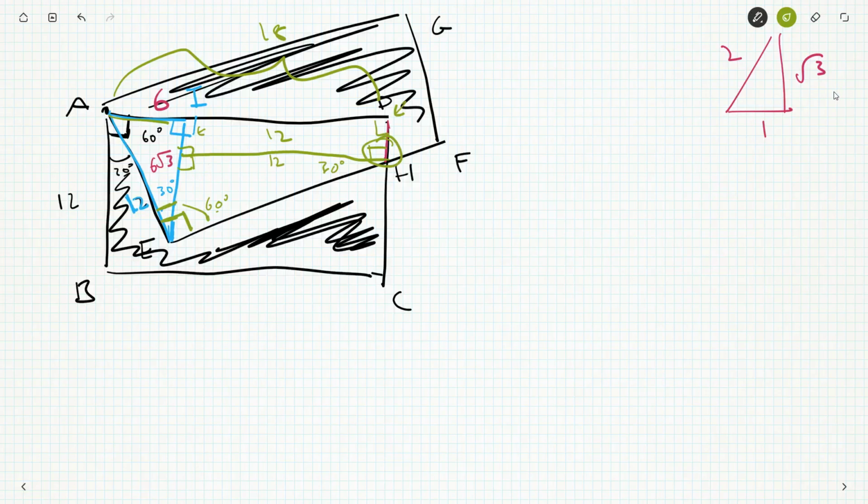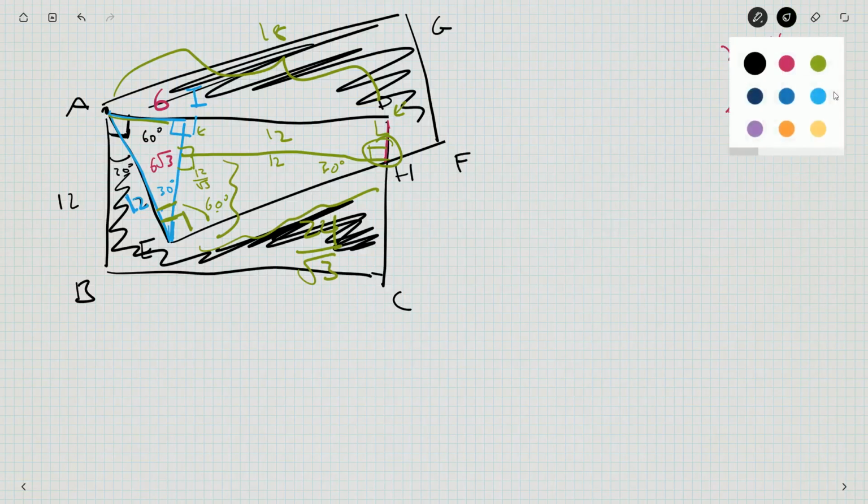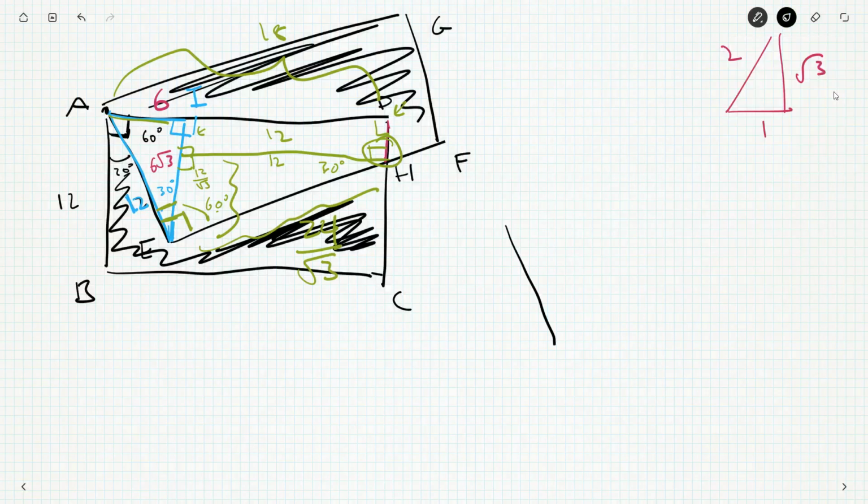Okay, so 12 is opposite the 60. So we're going to have 12 over root 3 down here. And twice that, so 24 over root 3 is going to be EH. All right, so what have we got? Let's just draw our white area again a little clearer.